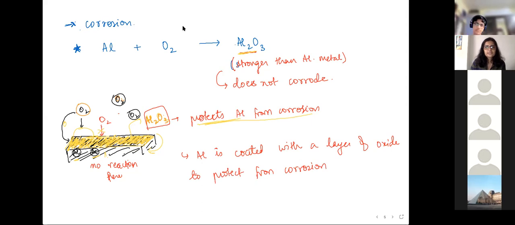This process is called, what is this called? Anyone remembers? This process is called anodizing.